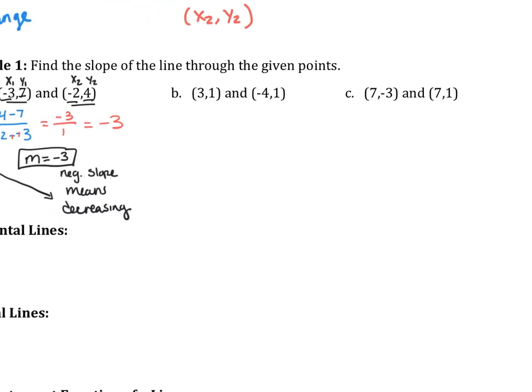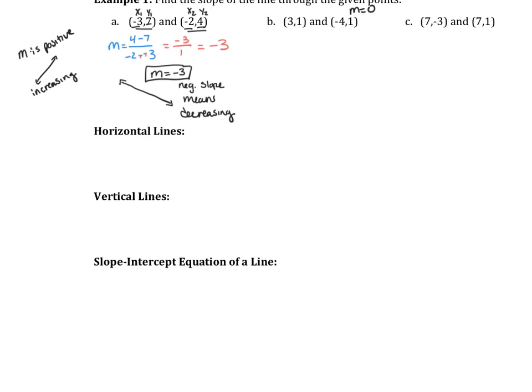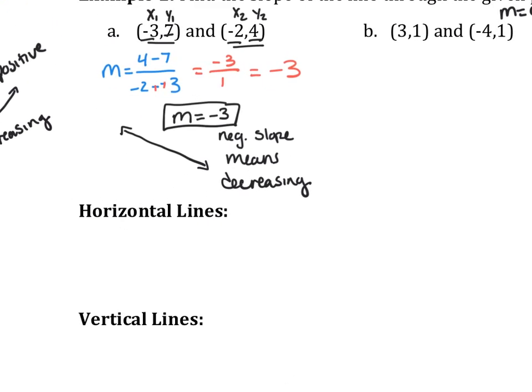Okay, so you might have noticed with letter B and C, you got some specific situations going on. With letter B, you should have ended up with the slope is 0. And whenever we have a slope of 0, that is a horizontal line. So horizontal lines have a slope of 0.